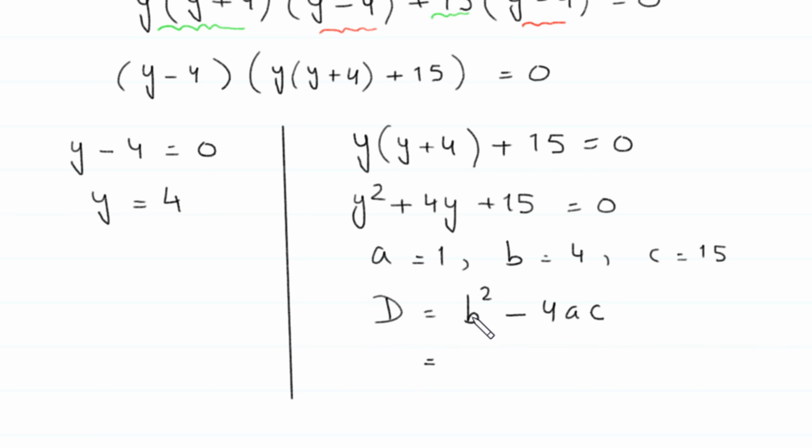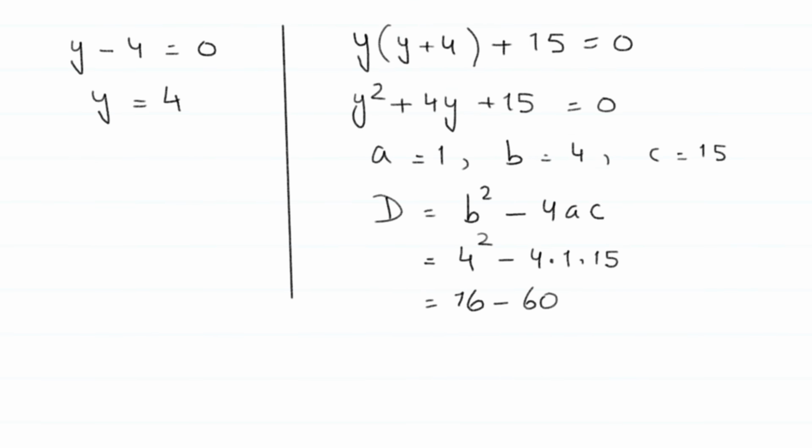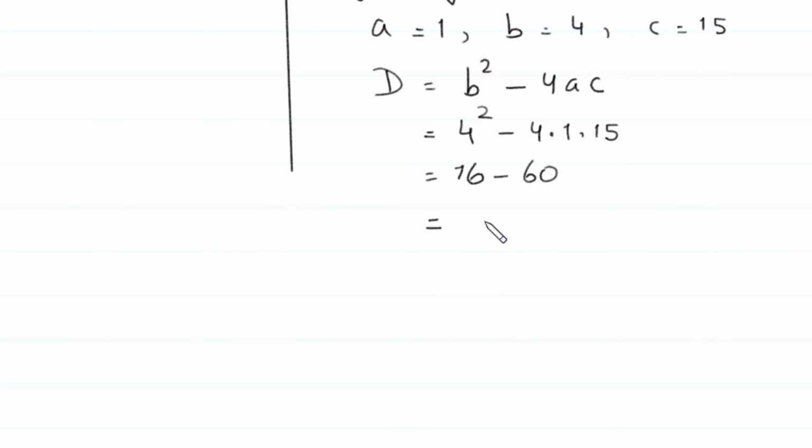Next, the value of b is 4 square minus 4 times value of a 1 times value of c 15, and square of 4 is 16 minus 4 times 1 times 15, 60, and 16 minus 60 is minus 44. This is the discriminant, and because the discriminant is less than 0, no real solutions can be found from there.